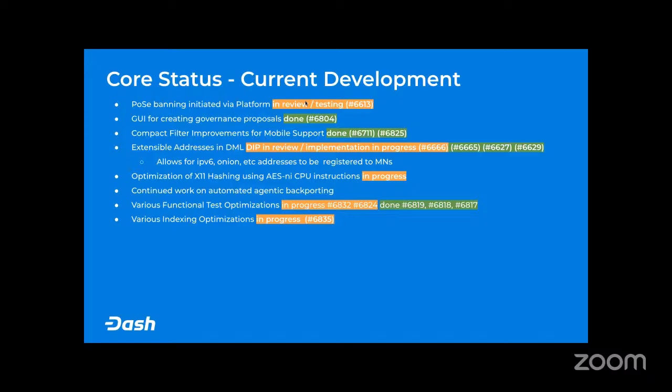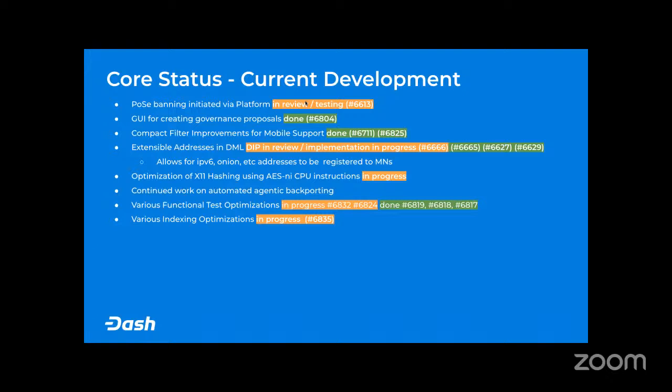Dash SPV primarily uses compact filters for historical block analysis, and that has a number of advantages. Core has supported it for a while, but there were a couple of bugs that were discovered, as well as the fact that it wasn't enabled by default.